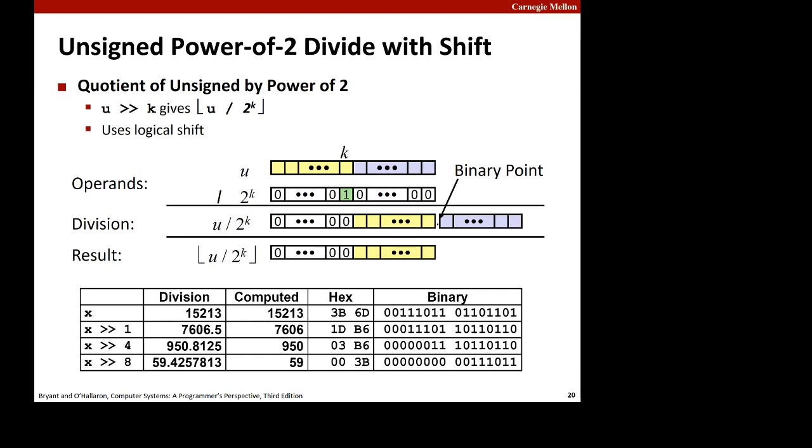Similarly, if I take 15,213 and divide it by 16, I end up with 950.8125, which I want to round towards 0 to 950. So you can see that shifting, just discarding any extra bits, has the desired behavior of rounding towards 0.